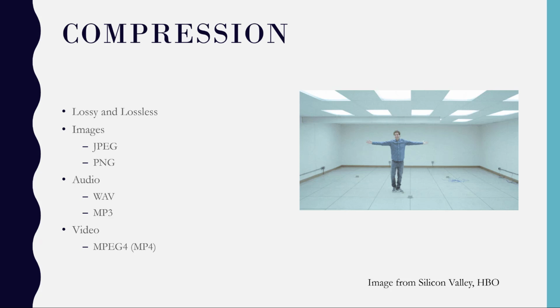Whereas PNG files use lossless compression to preserve the file. So oftentimes PNG files will be bigger than JPEG files of the same thing, because JPEG is getting rid of information.